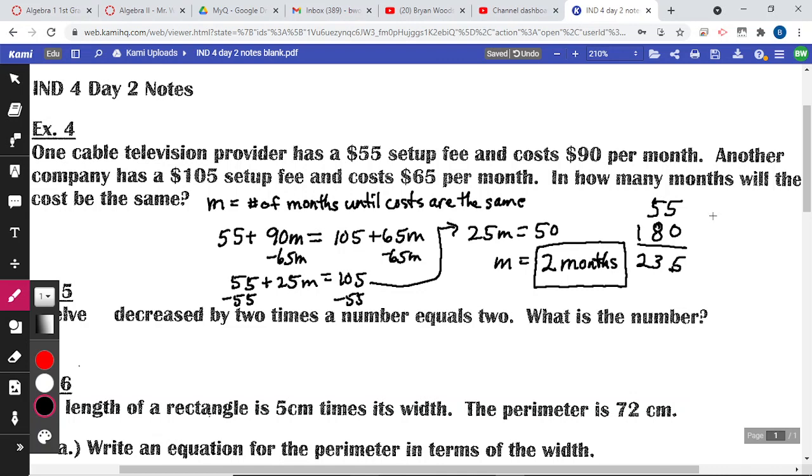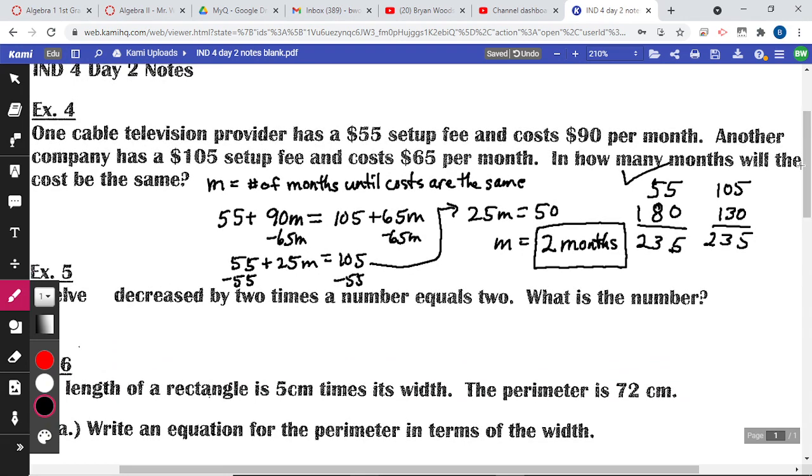So that's how much it'll cost altogether to get you through those first 2 months with that one. The other one, setup fee $105, $65 per month. For 2 months, that's going to be $130. And so add those together, and it's the same, which is good. So it checked out. Everything looks pretty good on that one.